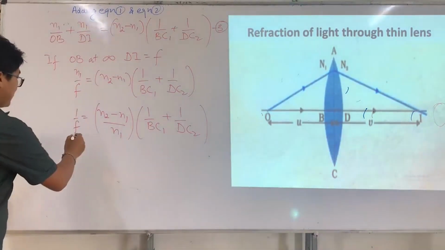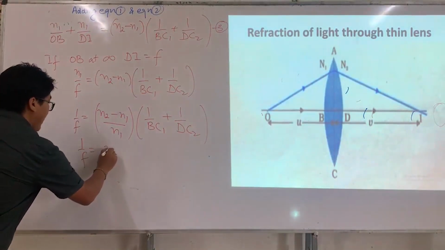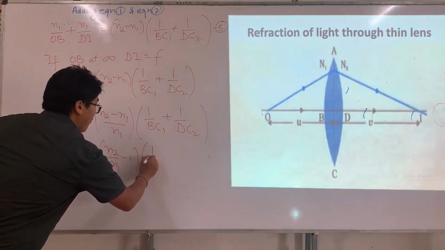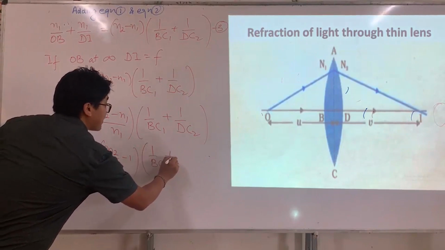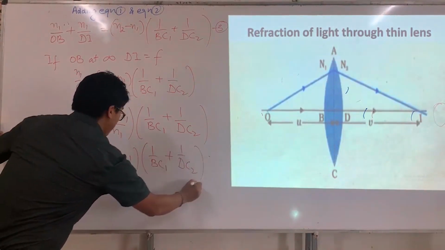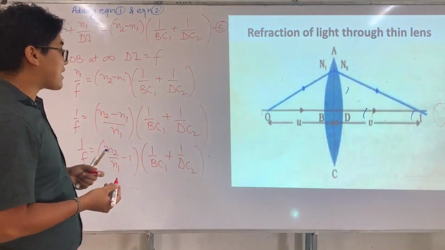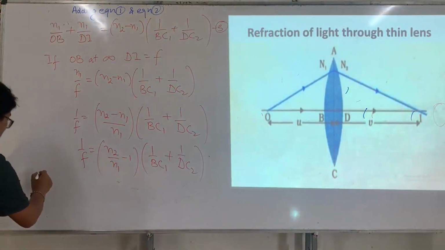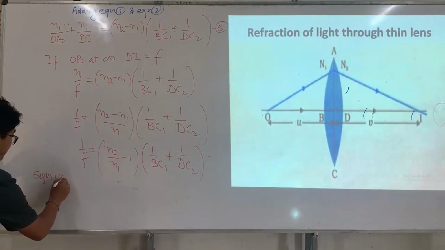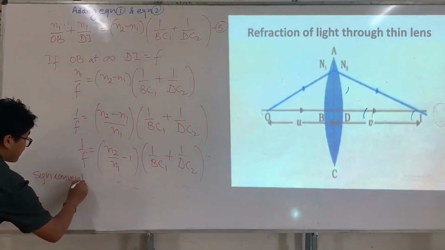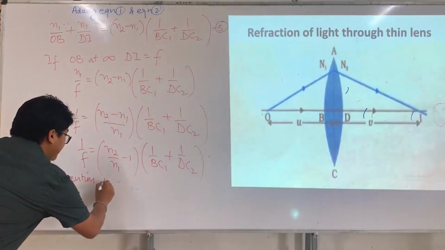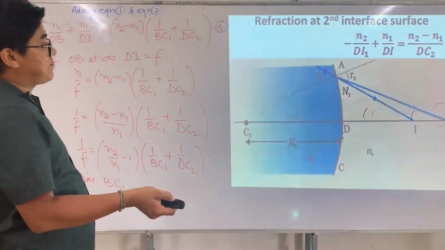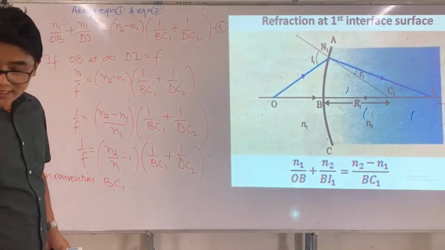Alright, so again I will do simplification: n2 divided by n1 minus 1, times 1 by bc1 plus 1 by dc2. Now I will use the sign conventions. What is BC1? BC1 is plus R1.